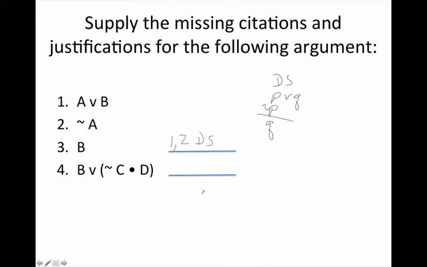And then you'll always use every premise that's given or derived, given 1 and 2, derived 3, until you reach the conclusion. So 4 has the main operator of wedge, and one of the ways that you generate a wedge statement is when you look at your rules by taking a statement, in this case B, and adding another statement to it.